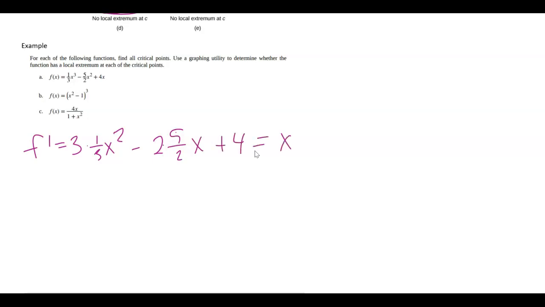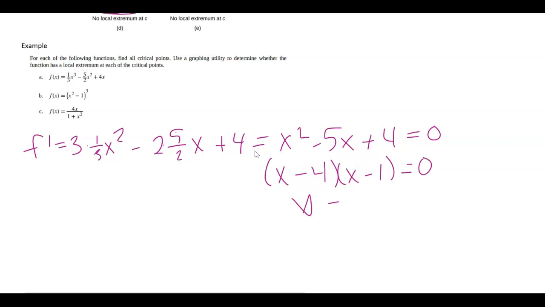So I end up getting x squared minus 5x plus 4, and I want to know when this is equal to 0. I could factor this into x minus 4, x minus 1, and I get my zeros to be x equals 4 and x equals 1. So those must be the critical points.